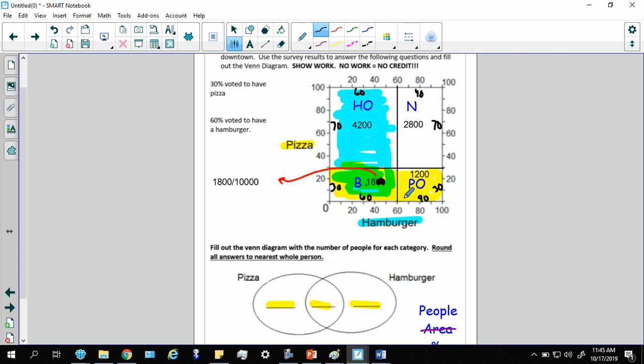It always works out that way. All right. So, like hamburger only, just erase the double zeros to get 0.42. See, the neither section is 2,800. Just erase the double zeros in the back, and then it's going to be 28% or 0.28. And then lastly, this will be 12. All right, so that's a little step that you can do to kind of save some time.